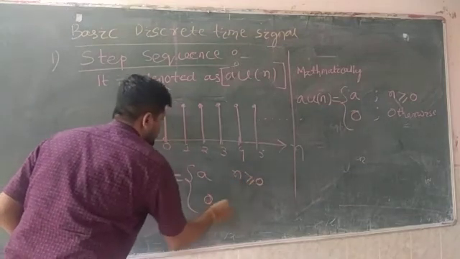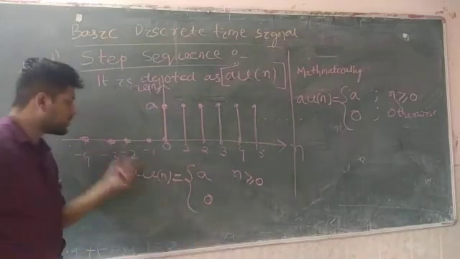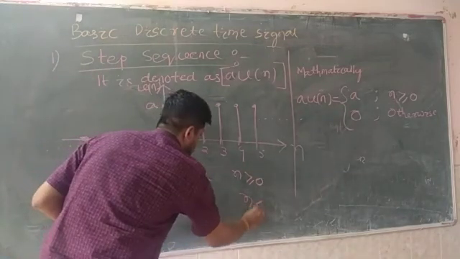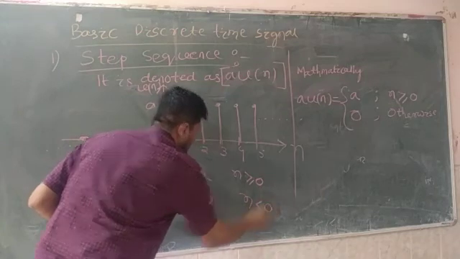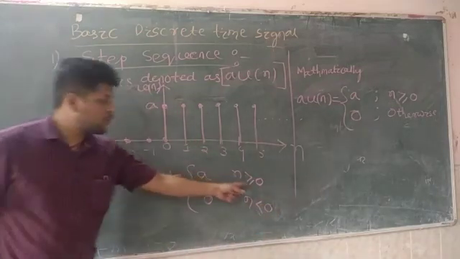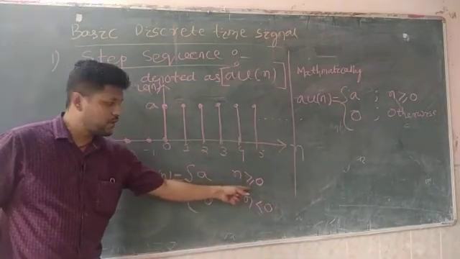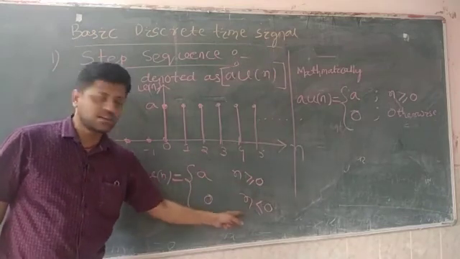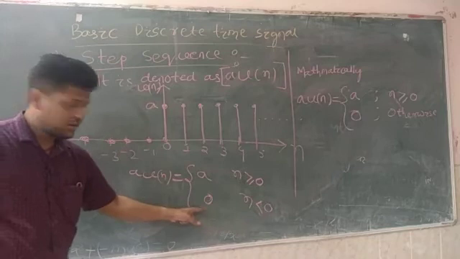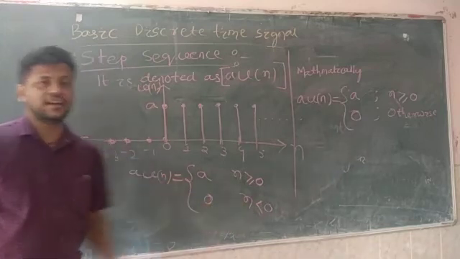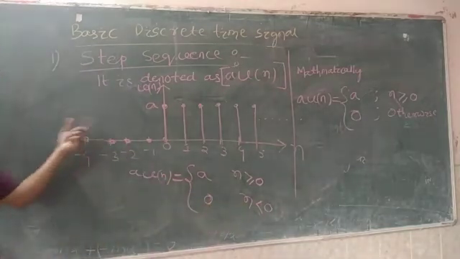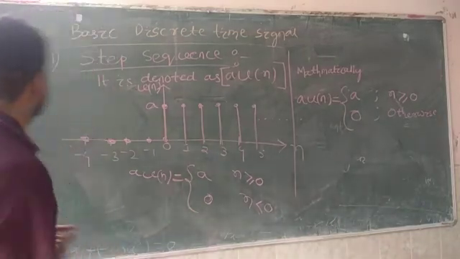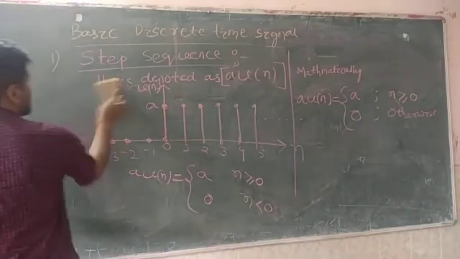Else the height is 0, for example, when n is less than 0. N greater than or equal to 0 means including 0, that is, n equal to 0, n equal to 1, n equal to 2. And the second case is the height is 0 when the time is negative. So this is the step sequence. Then we will study a special case of this.